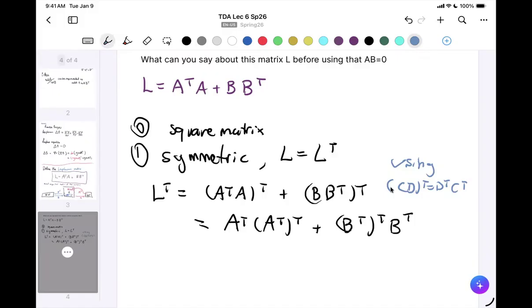And then B transpose gets transposed, and then B gets transposed. And then you just use that A transpose, transpose is A, and B transpose, transpose is B. So that gives you A transpose A plus B transpose B. So those are two important properties: that it is square and that it is symmetric.